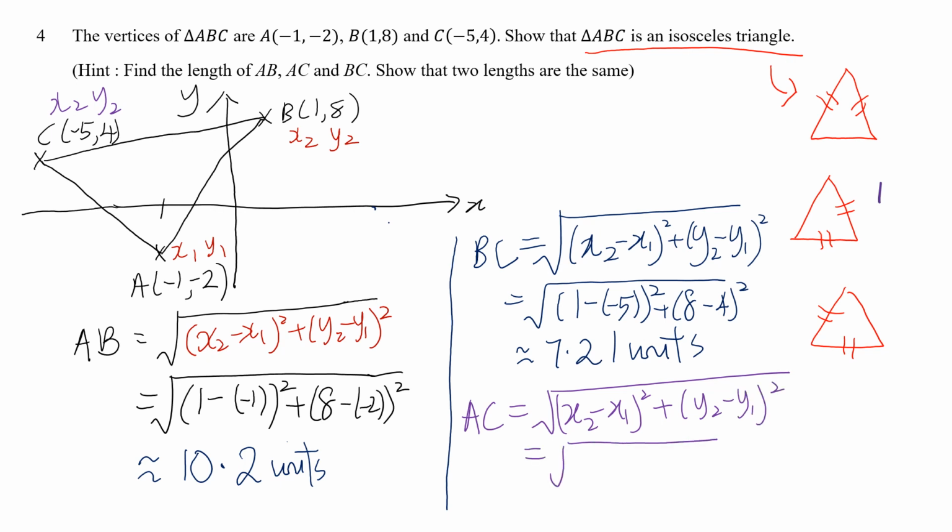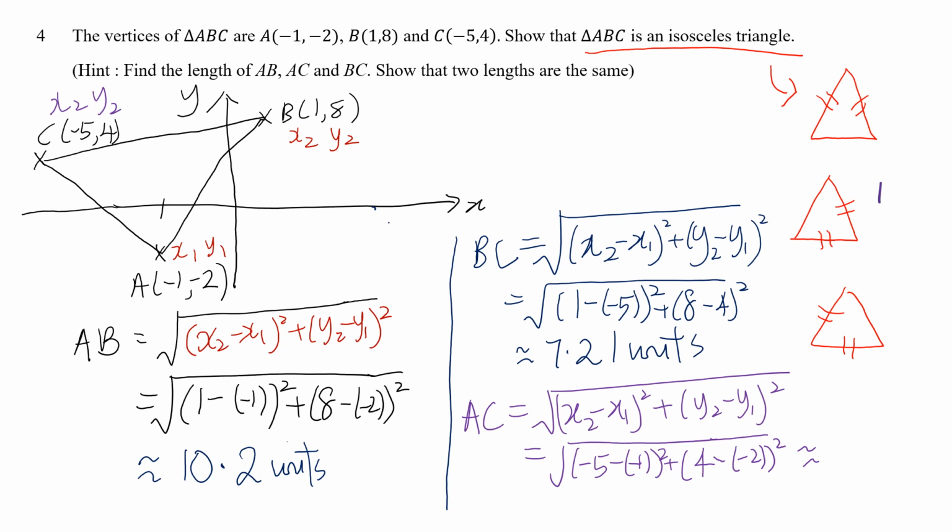And I would have x2, which is negative 5, minus bracket negative 1, close bracket, squared. So this part here, you have to be very careful. It's not difficult to find the length of 2 points, but the substitution, you have to be very careful. If you see again, your y1 is a negative value, so you need to bracket it, bracket negative 2, close bracket, then square.